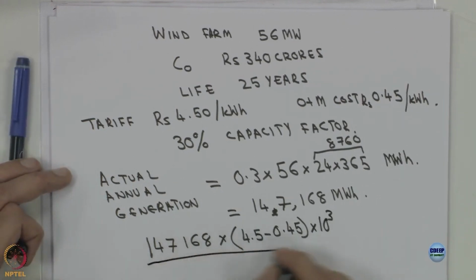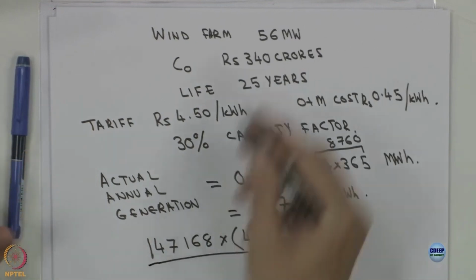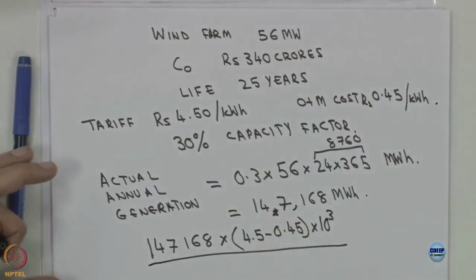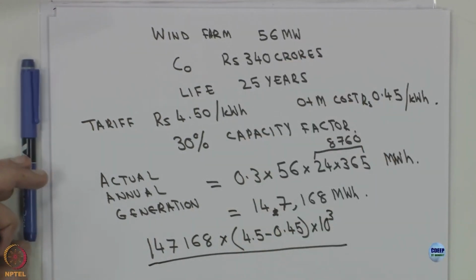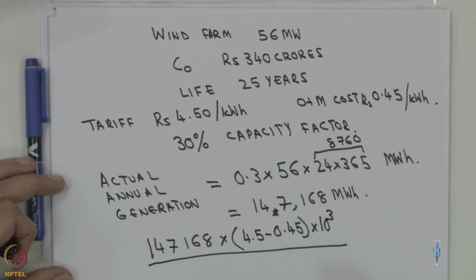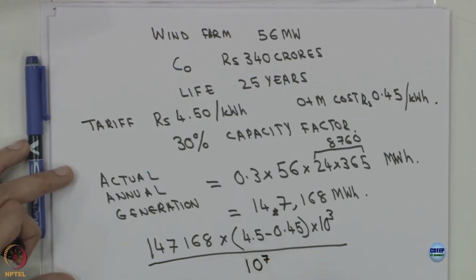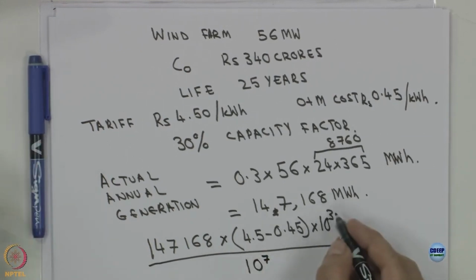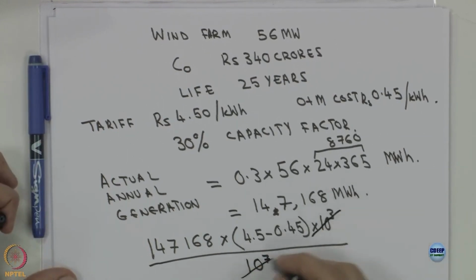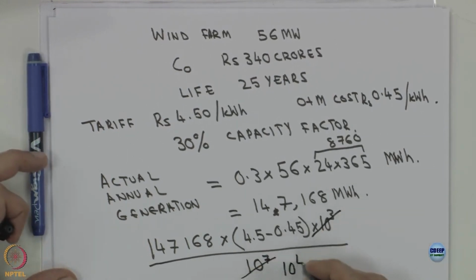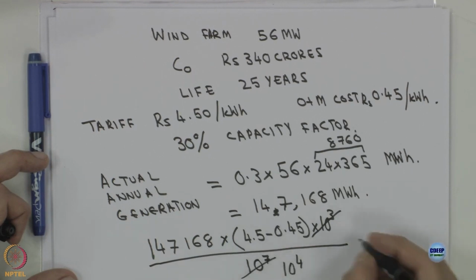Since we are talking in crores, let's get this in crores. 1 lakh is 10 raised to 5, 1 crore is 10 raised to 7. We can divide this by 10 raised to 7, and this will become 10 raised to 4. So it will be 14.7 into 4.05.